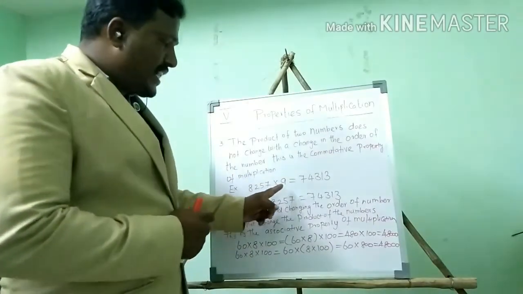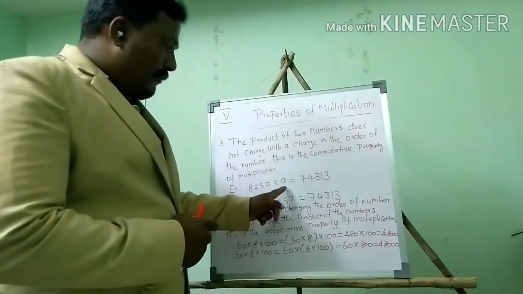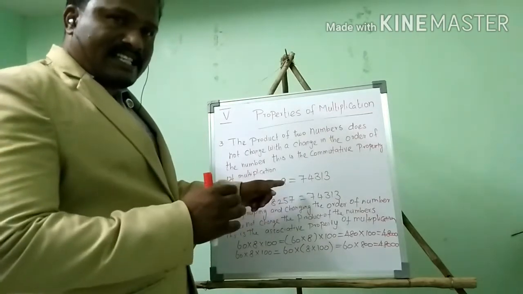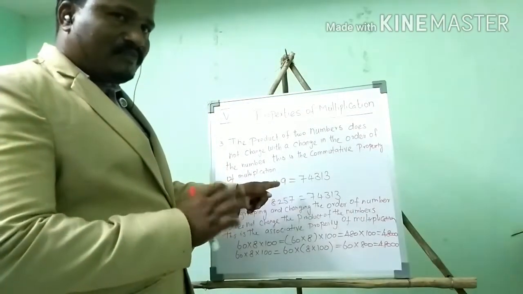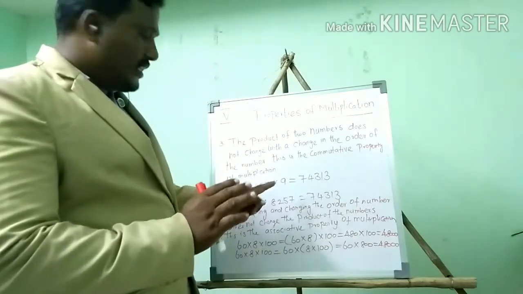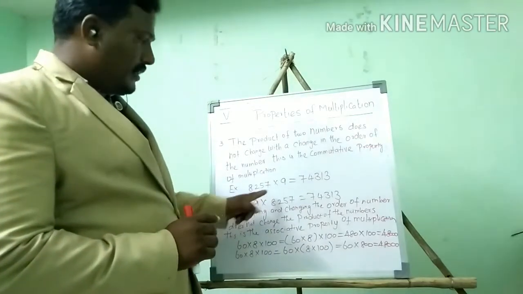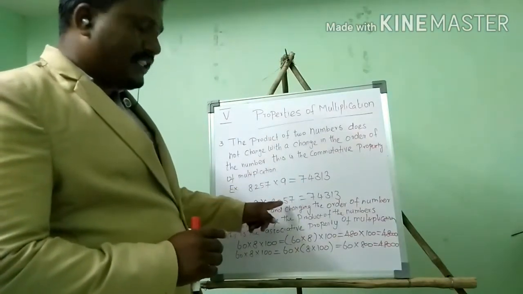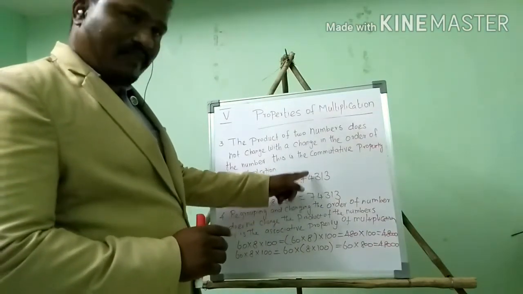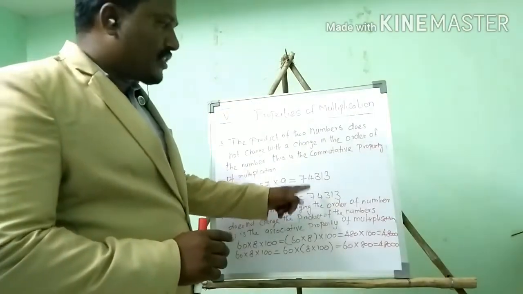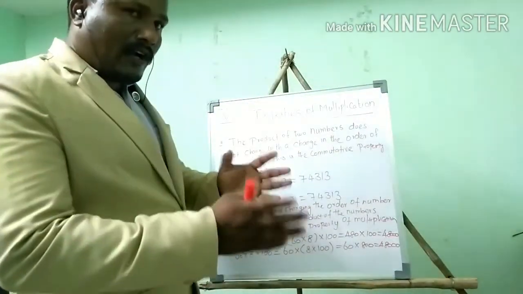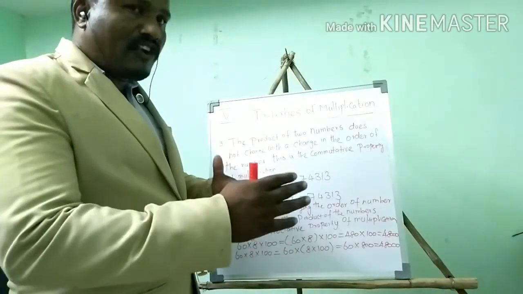If I change the order, putting 9 on this side and 8257 on the other side, does the answer change? No, the answer does not change. I put 9 first and the number second, and if I multiply, the answer is the same. This is called the commutative property. When you change the order of the numbers, the product does not change.